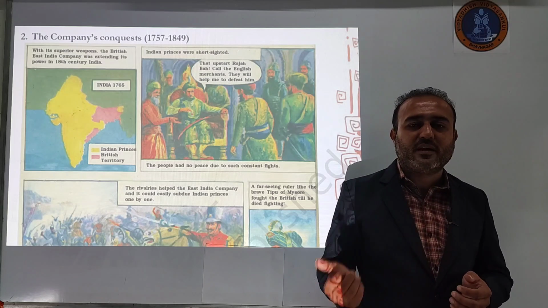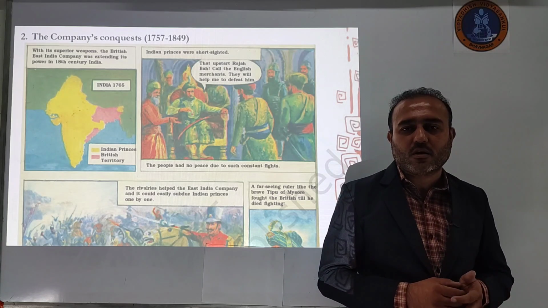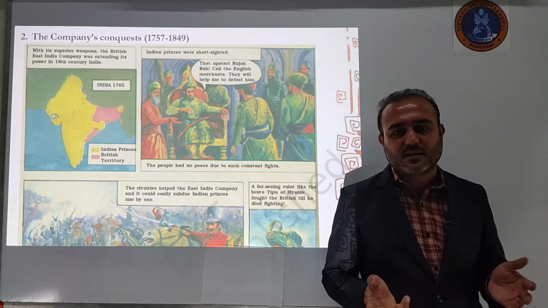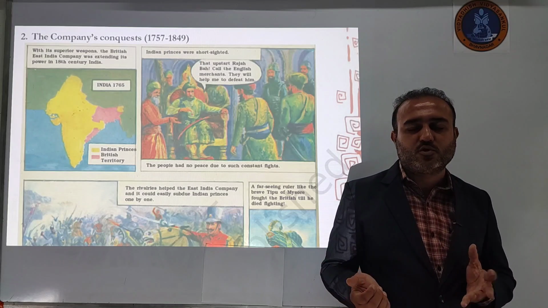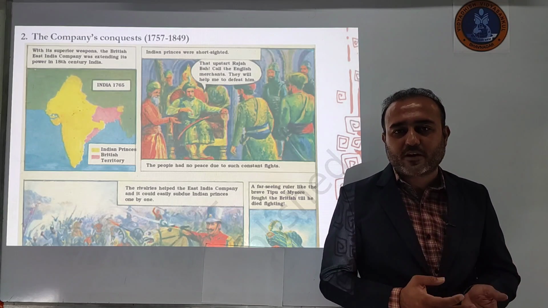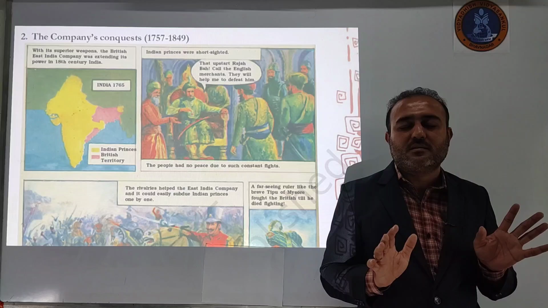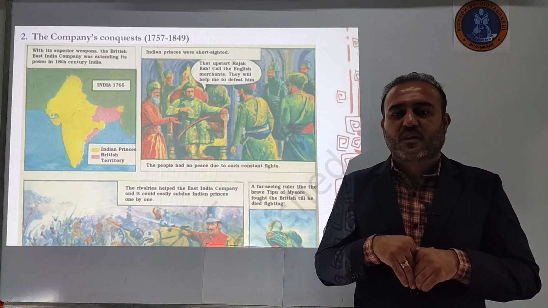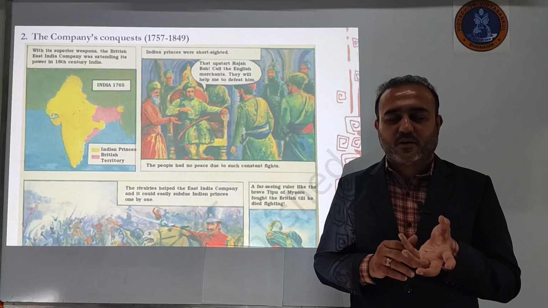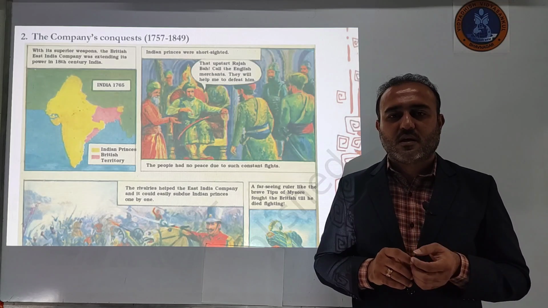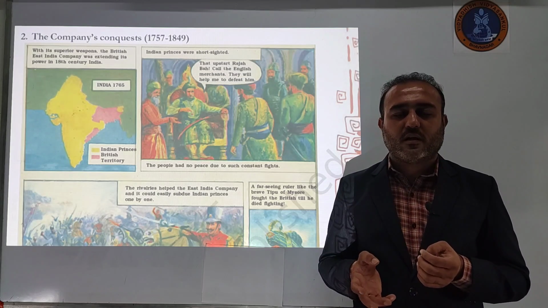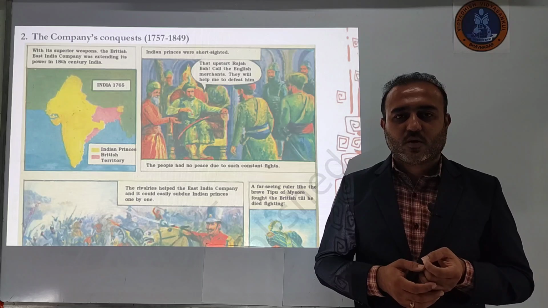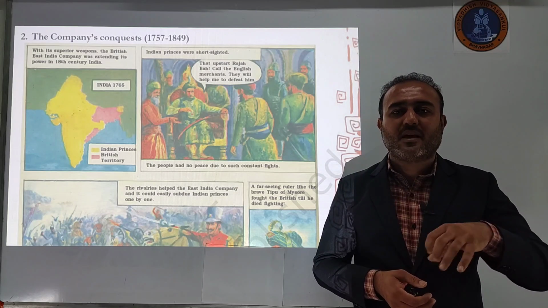And the Indian princes or kings thought, nice, they have superior weapons and they are going to fight for us, so now we are in a safer zone, we are safe now. They accepted that, and that is how they got trapped. The Britishers fought for the kings, and ultimately they brought them under their own control.